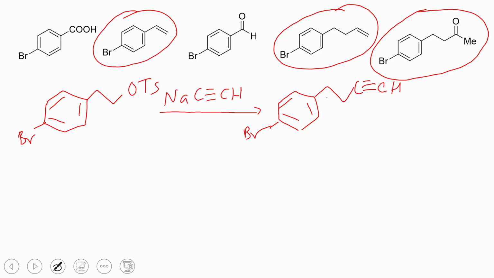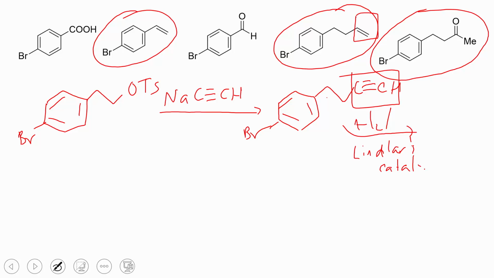And you recognize that all we have to do now is turn the alkyne into an alkene. And this is, we'll just try H2 and Lindlar's catalyst. And this is going to turn that into that compound right there. Okay, so that's our synthesis of this compound.